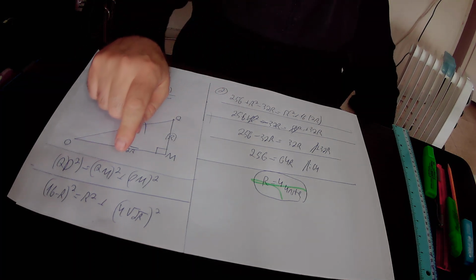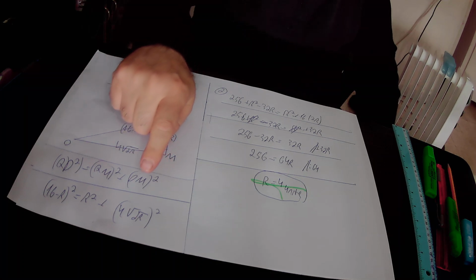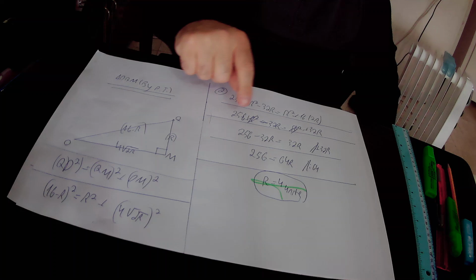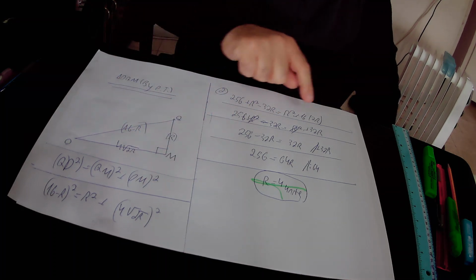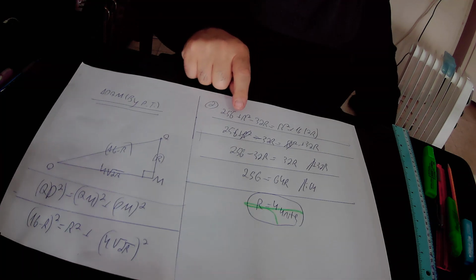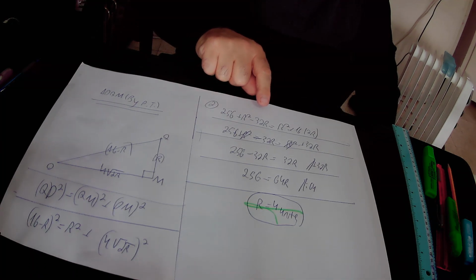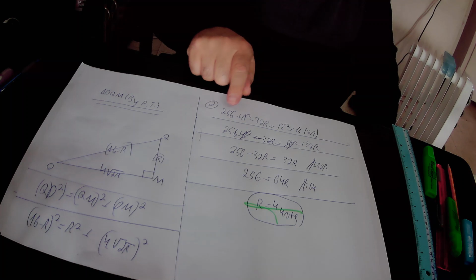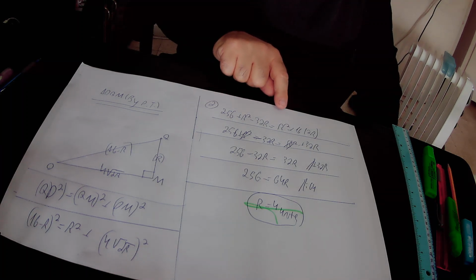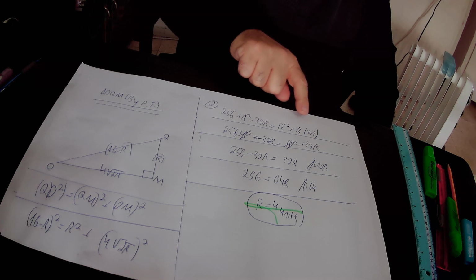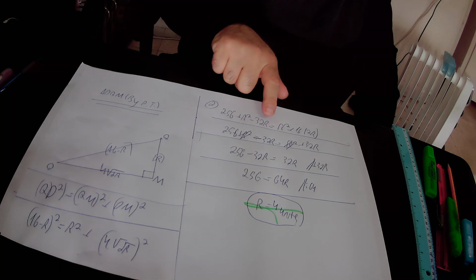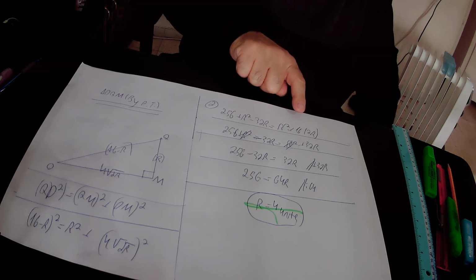On the other side of the equation we have r squared, and (4 times square root of 2r) squared equals 4 squared, that is 16, times (square root of 2r) squared, which equals 2r. And 16 times 2r is 32r. So 256 plus r squared minus 32r equals r squared plus 32r.